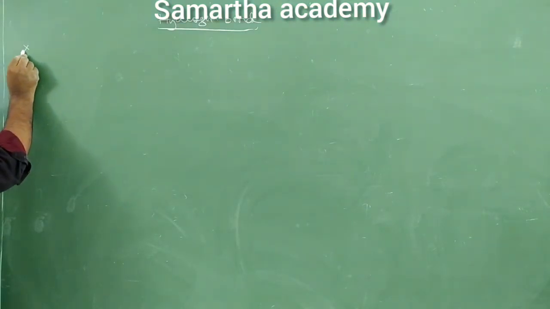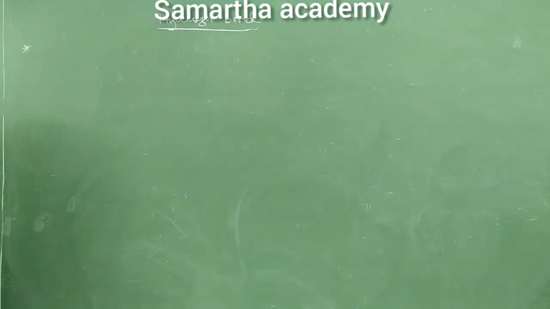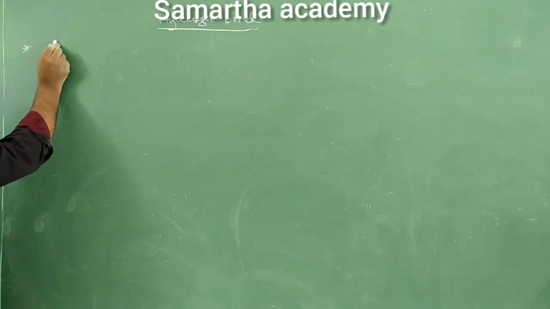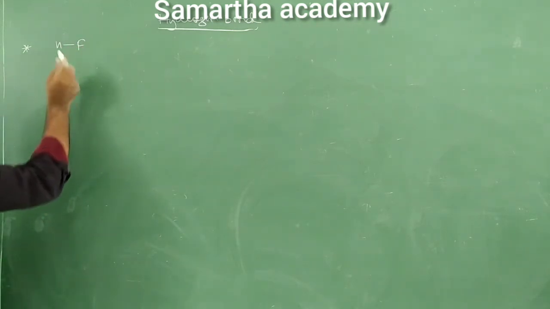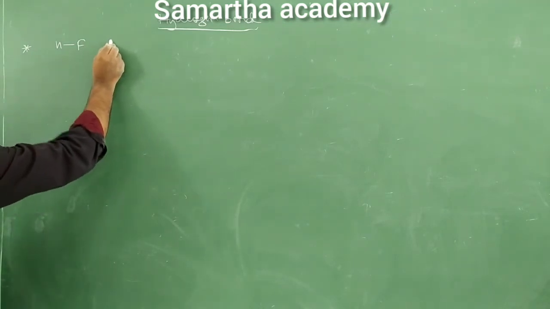So what is hydrogen bond? The bond present between hydrogen atom of one molecule and most electronegative element of another molecule. For example, take HF, and one more HF.